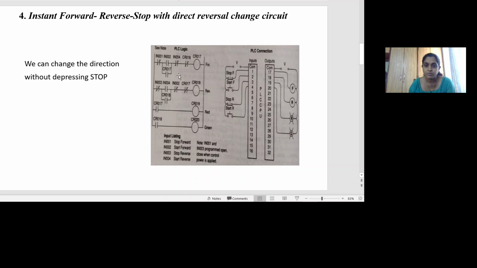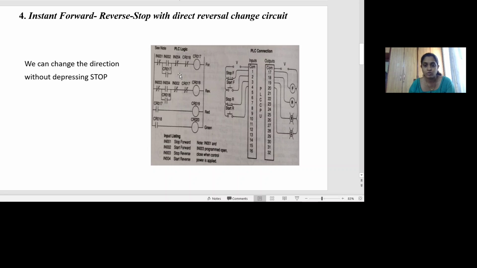As I explained in the beginning of the session, this is an instant forward reverse stop circuit. Instant means whenever you want to change the direction of motion, you do not have to operate a stop switch. That's why it is called an instant forward reverse stop circuit.